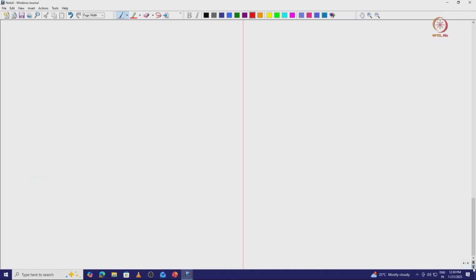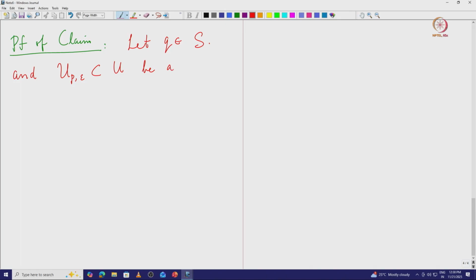How do you prove the claim? Let Q be a point in S and U Q epsilon be a geodesic ball, so that we have normal coordinates on it.